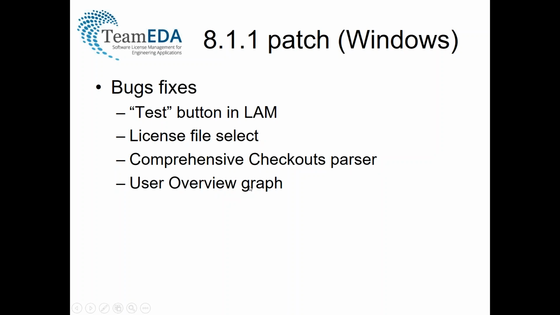We just found these 4 bugs that get fixed in 8.1.1. So if you see these things, just write support@teammedia.com and ask for the patch. I think they're planning on putting an update up on our website, so you can upgrade from 8.1 to 8.11 if you want.